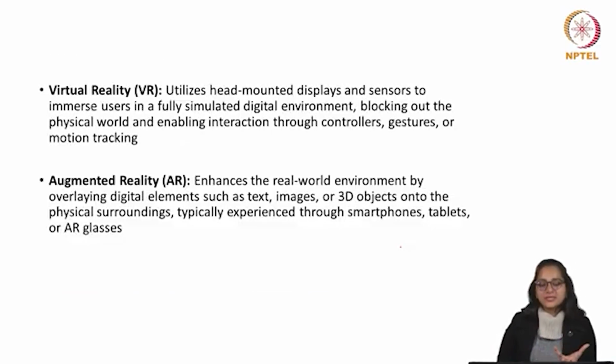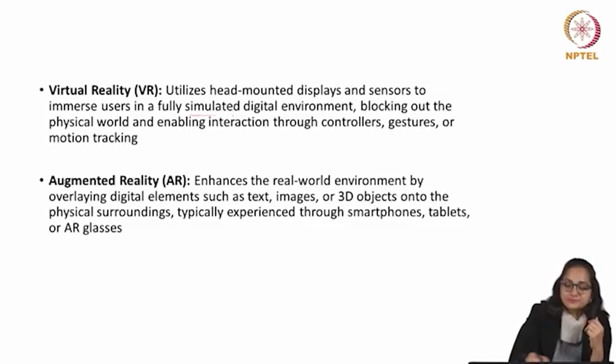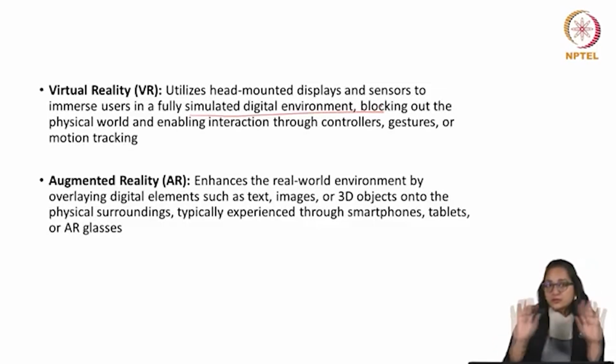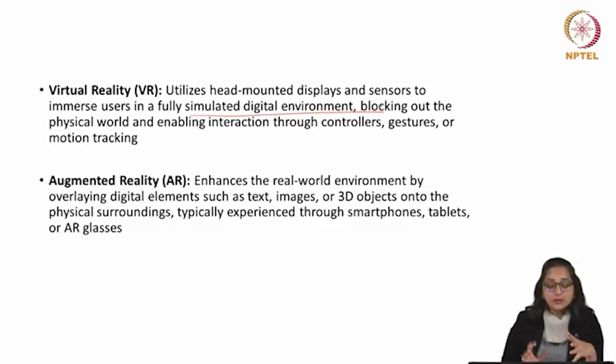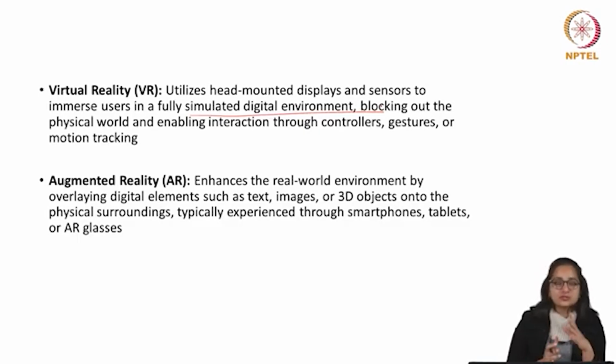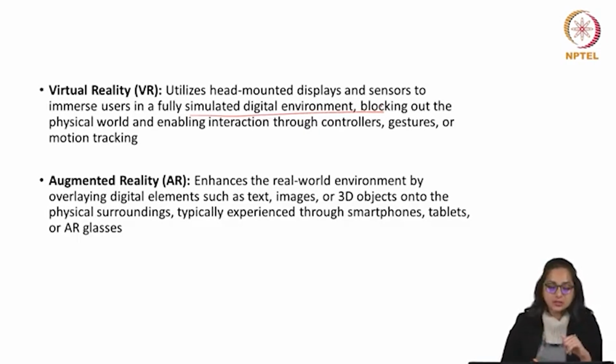Right, so just to cover a gist about it, in virtual reality we are utilizing head mounted displays, which are your headsets or sensors, to immerse users in fully simulated digital environments, blocking out the real world altogether and enabling whole interaction through controllers, gestures, motion tracking, all of those things.